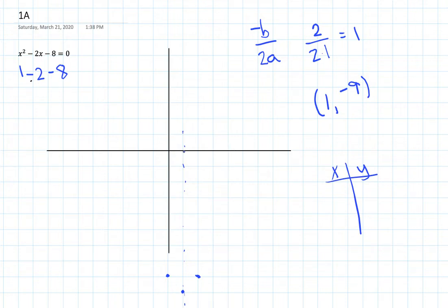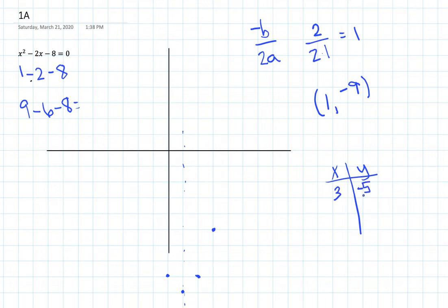Let's see, I'm going to put in a 3. So 3 squared is 9, minus 2 times 3, which is 6, minus 8. Well, 9 minus 6 is 3, 3 minus 8 is negative 5. So that's right here.